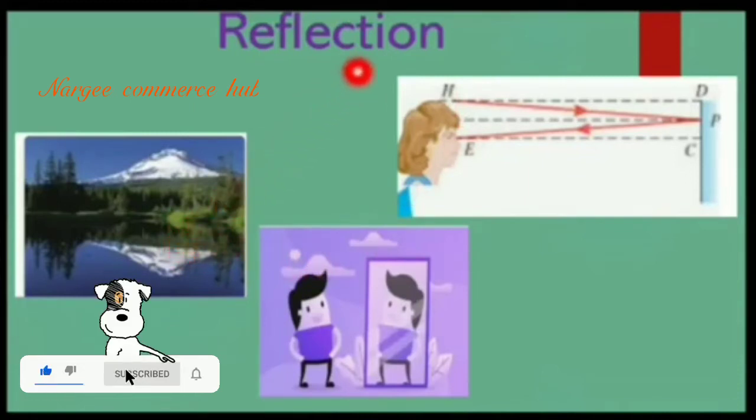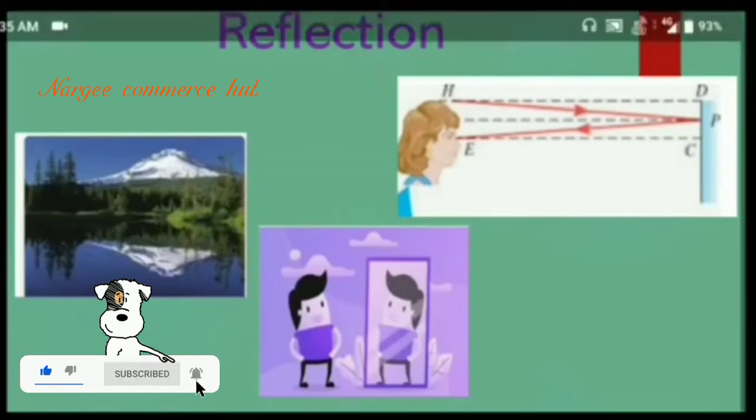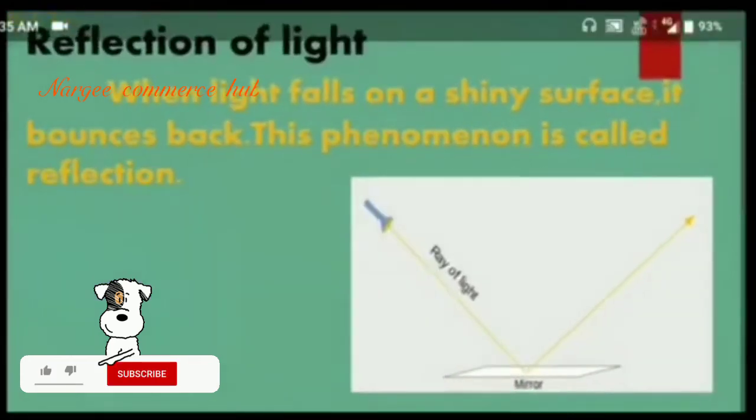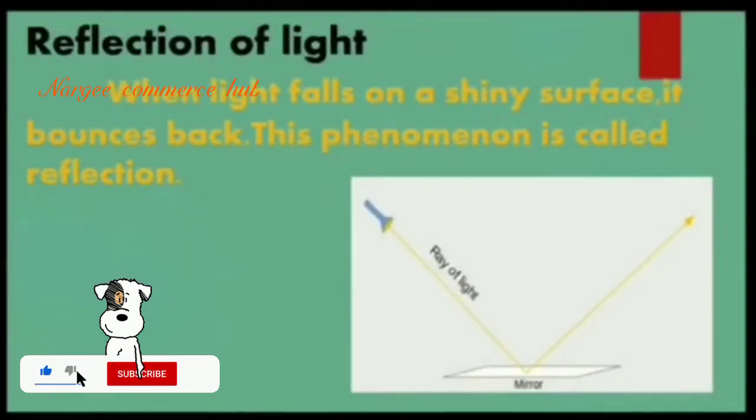Reflection is one of the important properties of light. We see all things around us because of reflection. What is reflection of light? When light falls on a shiny surface, it bounces back. This phenomenon is called reflection.